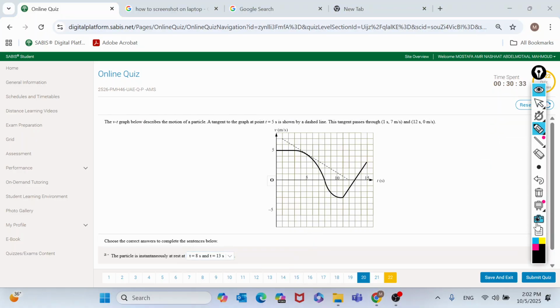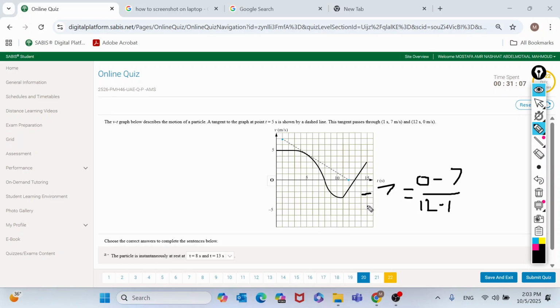The instantaneous acceleration of the particle at t equals 5 seconds to 1 decimal. So they want the slope of the tangent. So we'll use this point and this point. v final is 0. v initial is 7. And t final is 12. And t initial is 1. So negative 7 over 11.